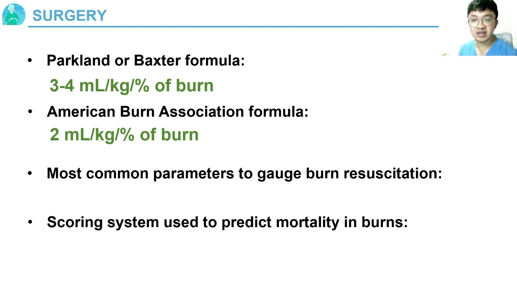Just because, again, they specify that it's the ABA formula or the modified Parkland's. However, if the question does not specify or specifies Parkland or Baxter formula, then personally for me, I'd go with the 4 cc per kilogram per percent of burn.